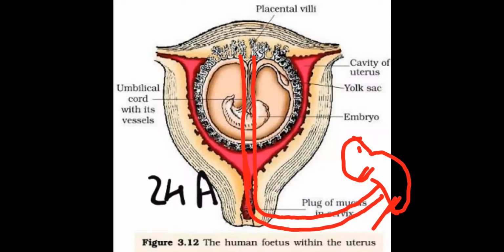And one interesting fact: in some developed countries, they store the umbilical cord of the baby. They pull out this entire umbilical cord and preserve it, because it possesses stem cells. Stem cells are those cells which possess the potency to develop different organs and tissues of the body.